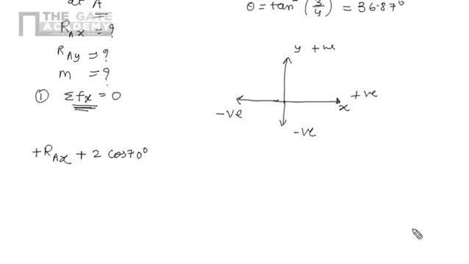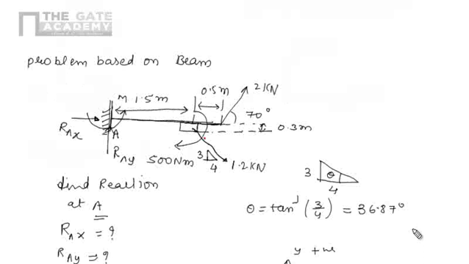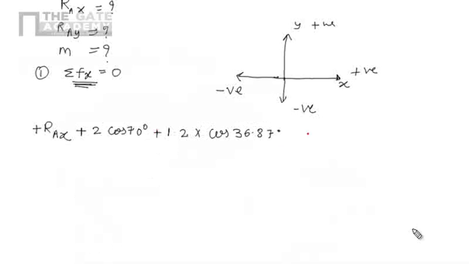Similarly, the component of 1.2 kilonewton, with the angle 36.87 degrees, is in the same direction, and it should equal 0.